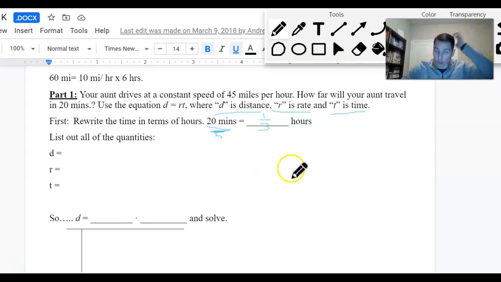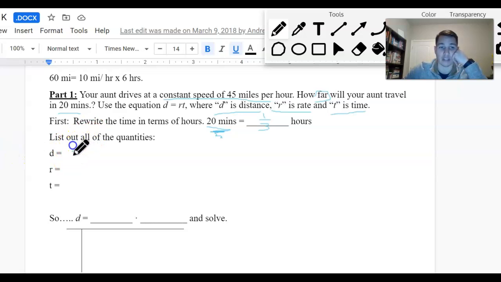So listing all the quantities. Do we know the distance that we traveled? Your aunt has a constant speed of 45 miles per hour. How far? That's distance. Will your aunt travel in 20 minutes? So no, we do not know our distance.